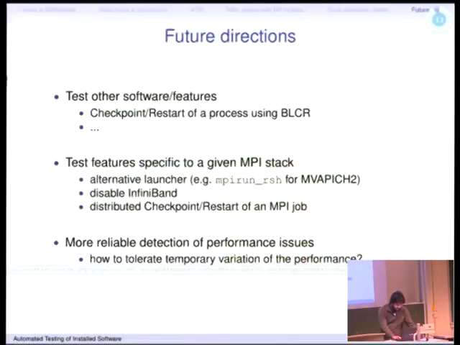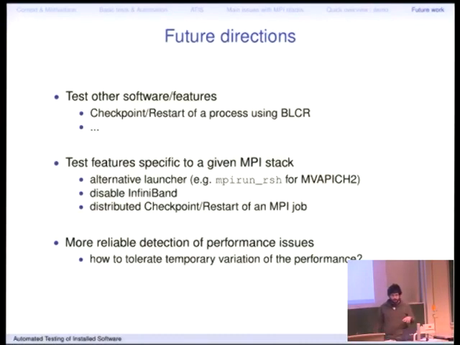Okay. So some of the future directions of this work. Right now I'm only focusing on MPI stacks. There are some other things I would like to test, which are a bit critical for me, as there are plenty of reasons to fail. For example, the checkpoint restart using the BLCR library.